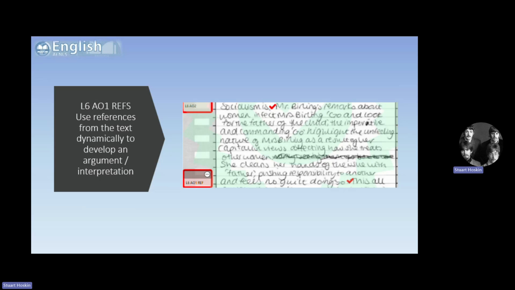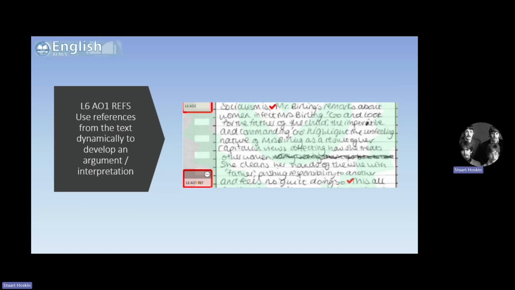Now, what that kind of shows you, this is one of the reasons why I've always been very, very wary of quote learning. Because, as I've mentioned in a session we've done here before, it restricts you. If you're looking for this where you want to use a text reference dynamically, what you're looking for is the ability to choose really effectively. And if you've only got a certain number of quotes, you're going to have to push yourself towards using that example.